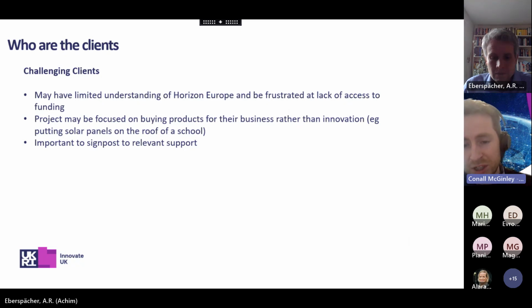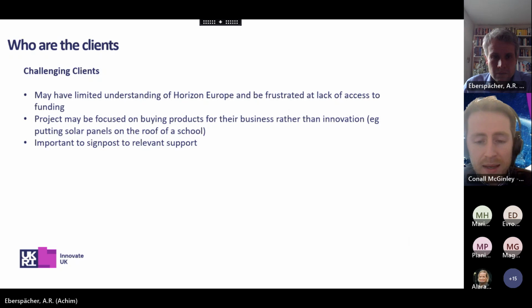Their project might not really be a research project. It may essentially be about purchasing bits of kit for their business. So the example that Achim gave, which was good, was a school looking to buy solar panels to put on their roof. So, more of an infrastructure project as opposed to a research project.